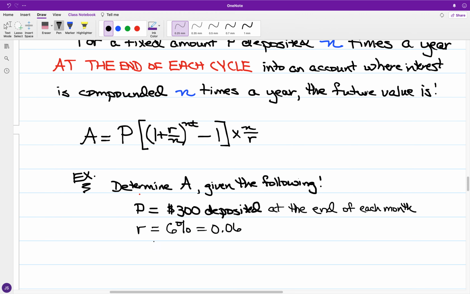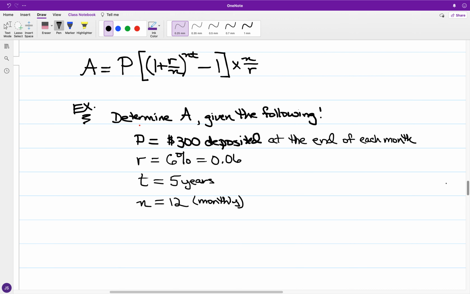And the time span will be 5 years. And for n, n is going to be equal to 12. Again, the $300 deposits are at the end of each month, and going hand in hand, the compounding of interest is done monthly.